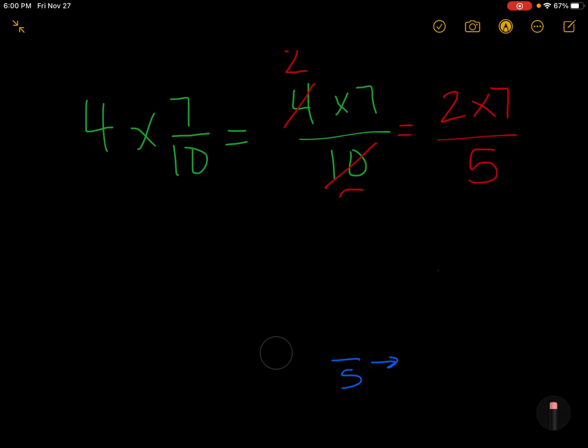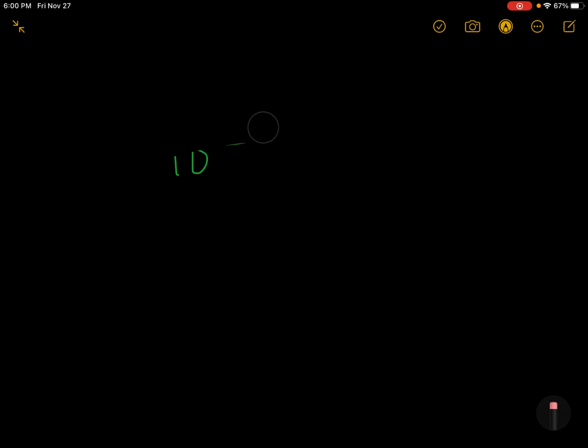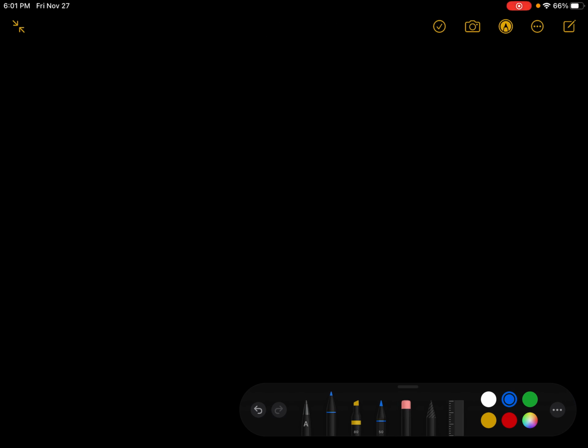Let's go ahead and look at the next problem here. On the next problem on page 103, we are looking at 6 times 5/9.